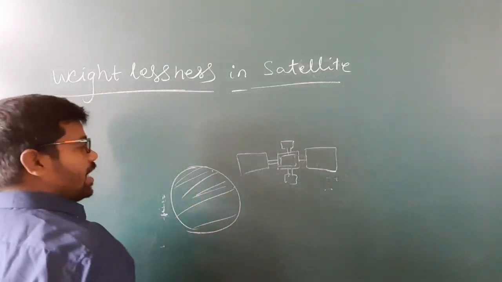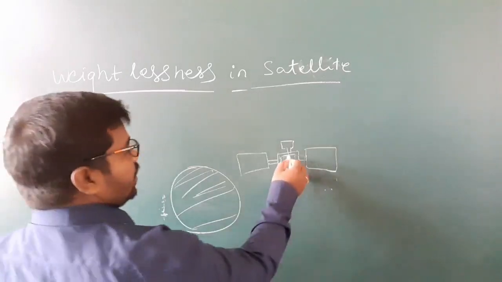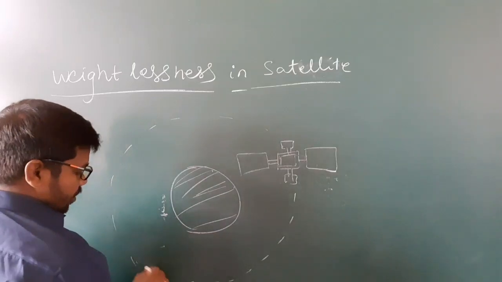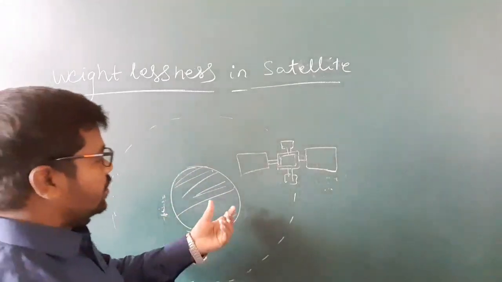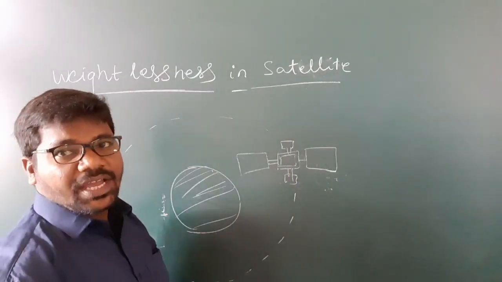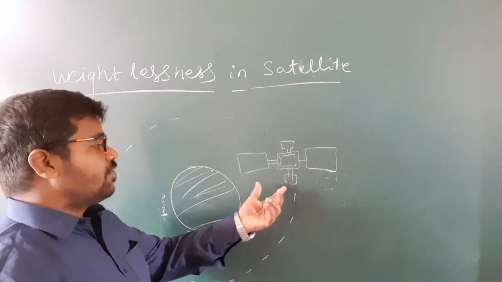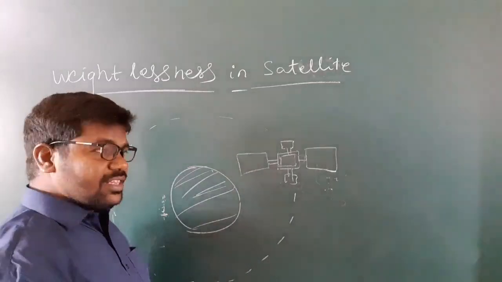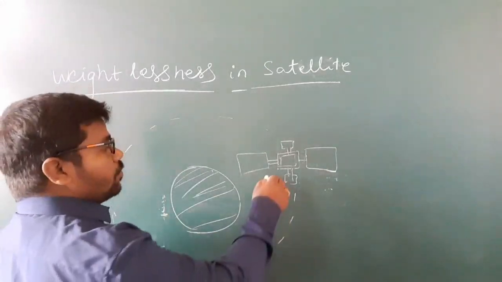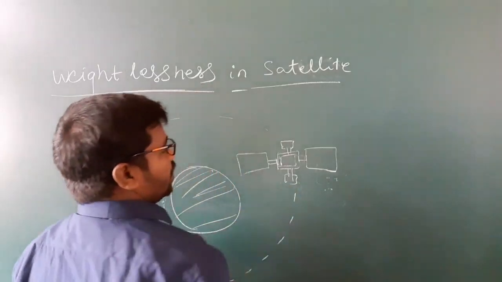We know that while a satellite revolves around a particular planet like Earth, the centripetal force is equal to the gravitational force. If both are equal, the net force acting on the body is 0. There is no force, so no gravity. In this case we can't get a normal reaction. Here there is no normal force.